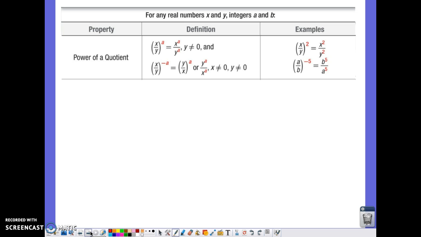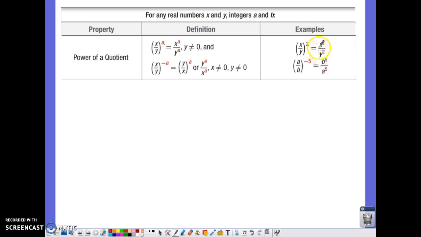Okay, power of a quotient. Very similar, but this time you're dividing: x divided by y, all to the power a, simply saying x to the power a divided by y to the power a. Remember, we cannot divide by 0, so y can never be 0. So, x over y all squared is simply x squared divided by y squared.